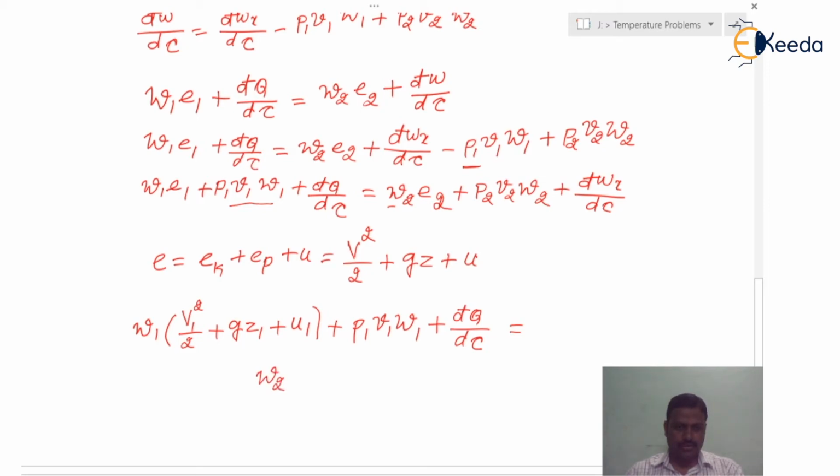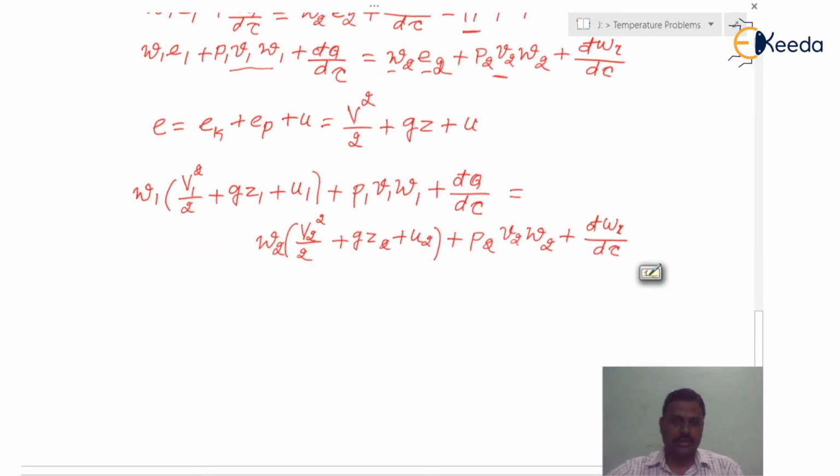In the place of E2, summation of all the three specific energies are written, then this becomes W2 into V2 square divided by 2 plus Gz2 plus U2, plus I'll write down this term, that is P2 V2 W2, plus dWx divided by d tau.